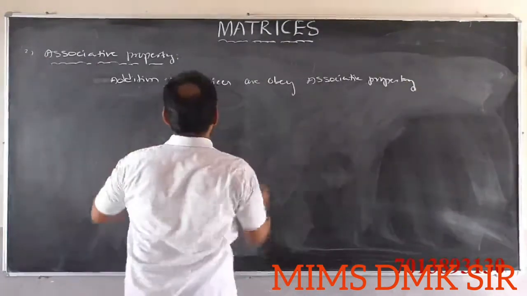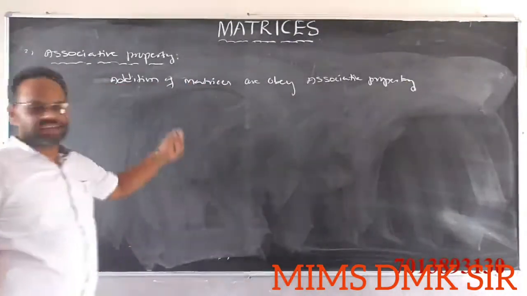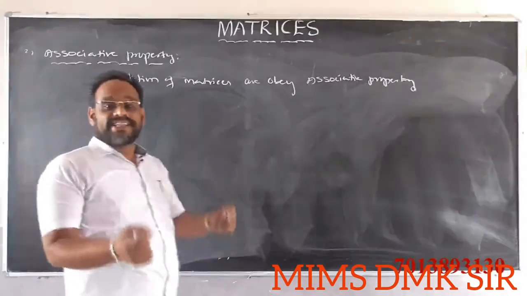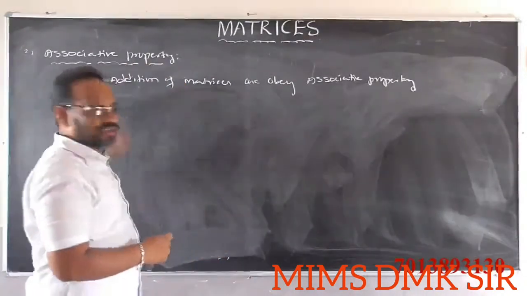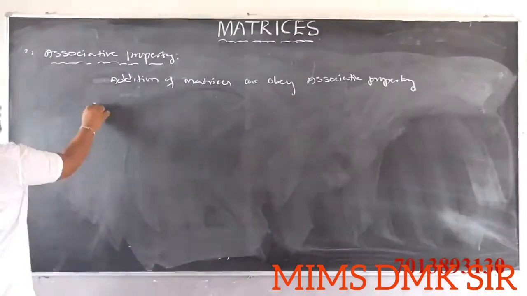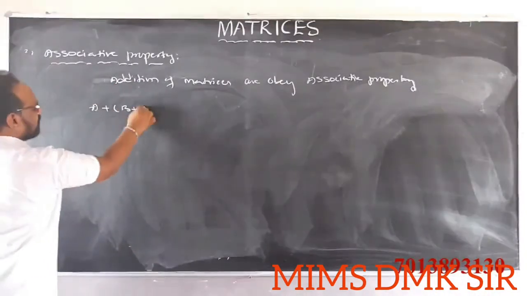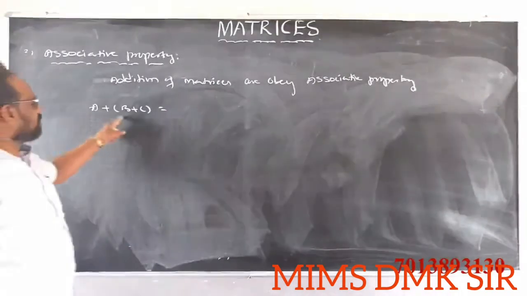Addition of matrices obeys the associative property. That means addition of matrices is satisfied by the associative property, that means A plus B plus C is equal to A plus B plus C.